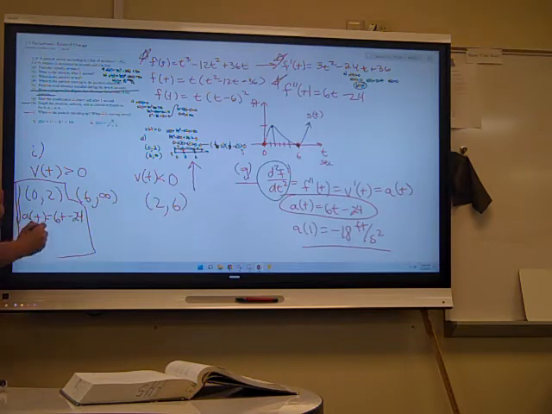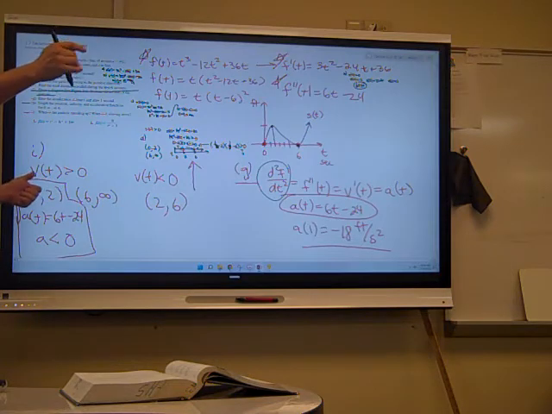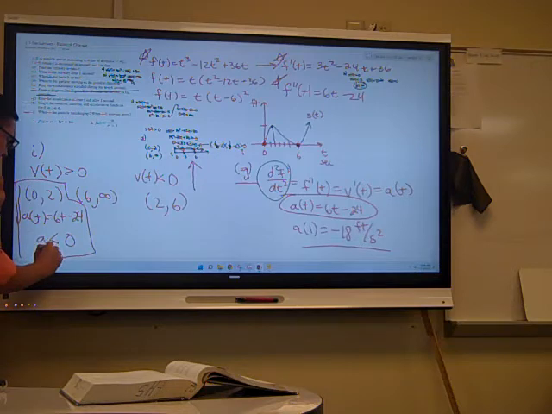Negative. So do you guys agree a is going to be less than 0 in this interval? So my velocity is this way, my acceleration is this way. Am I speeding up or slowing down? I'm slowing down.